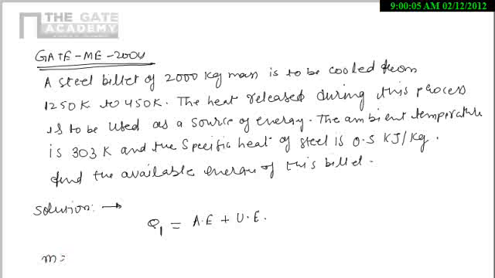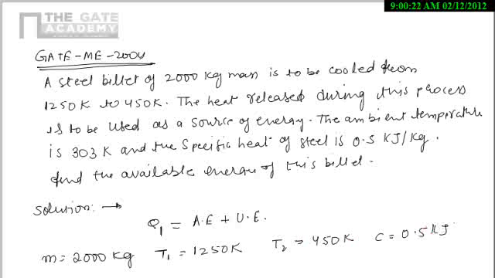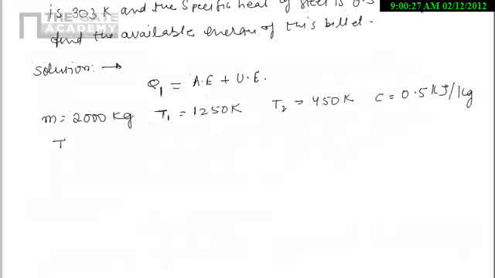Mass is given 2000 kg. Initial temperature T1 is 1250 Kelvin. Final temperature is 450 Kelvin. And C is specifically given 0.5 kilojoule per kg. And ambient temperature, denoted by T naught, is 303 Kelvin.